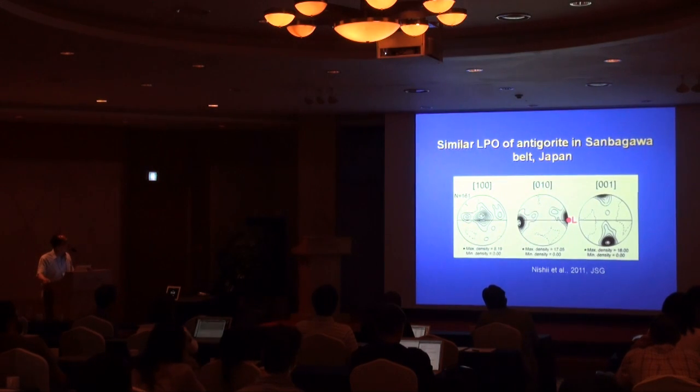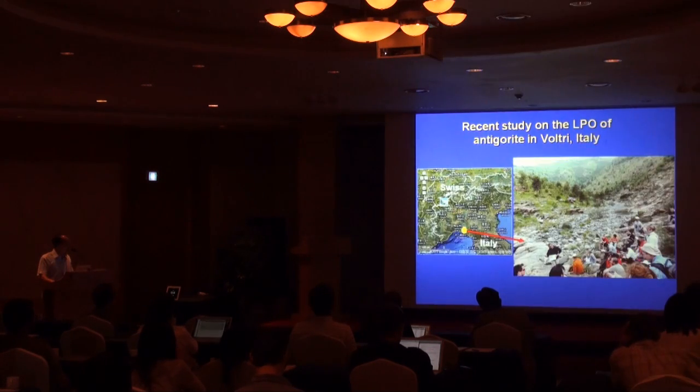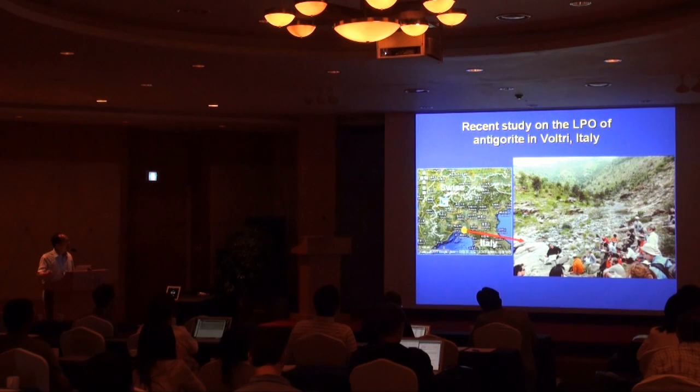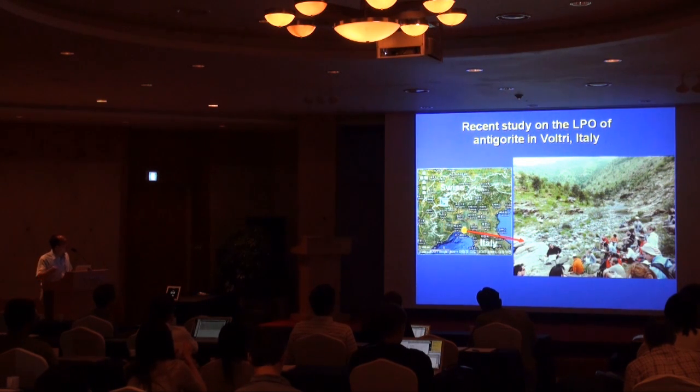Okay, more recently some more serpentine fabrics were reported by Nishi et al., showing a fabric quite similar to what we found here, so one axis is aligned parallel to lineation. One more thing I'd like to show here is more recent data we are getting. We collected some more samples in Italy, in this area close to Genova.